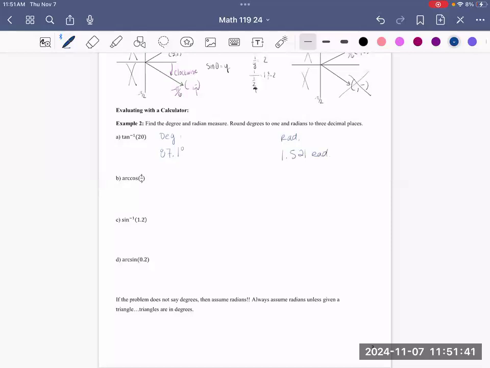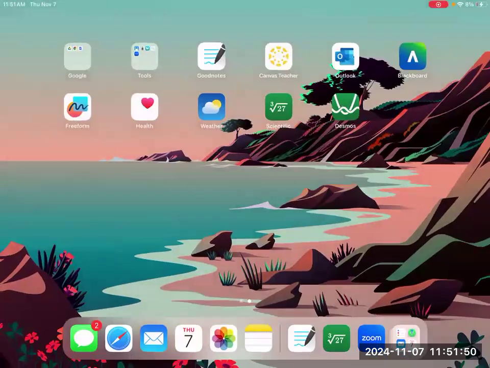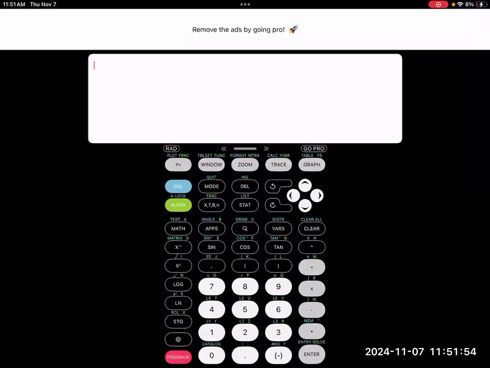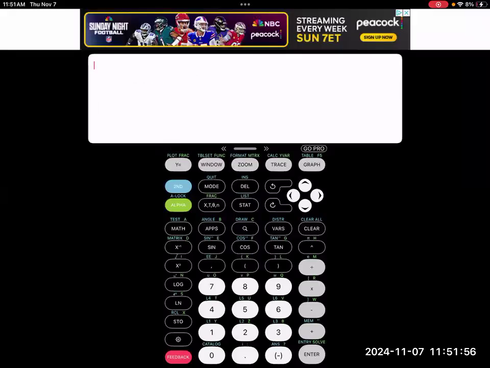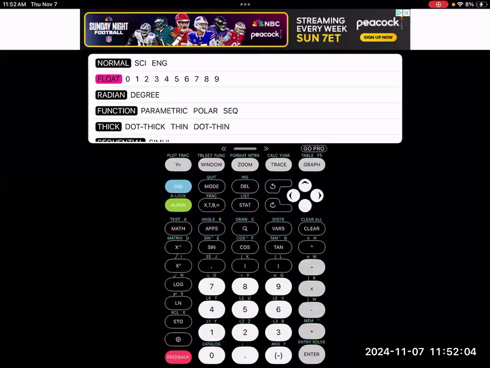Now let's try it again on a different calculator, trying arc cosine, so inverse cosine, on just a regular calculator. First let's make sure that we're in a specific mode. Going all the way up to mode, which is located next to your blue second button and under the window button, we're going to go down and flip it to degrees.